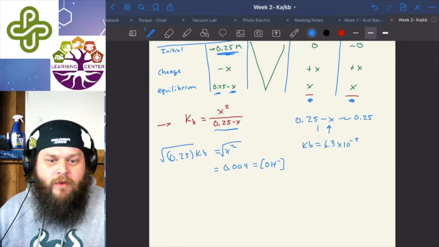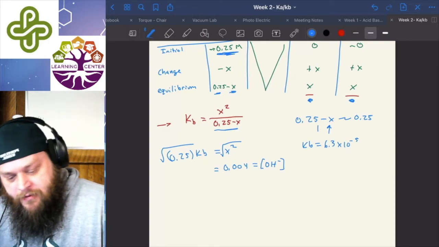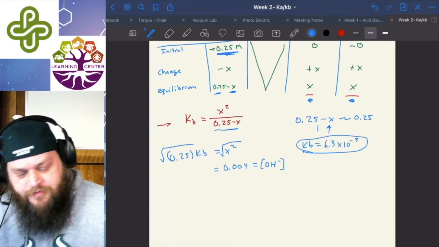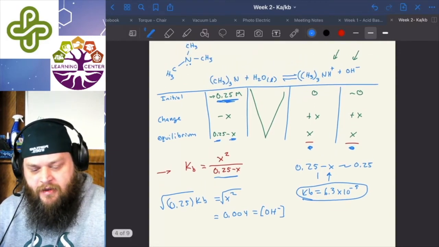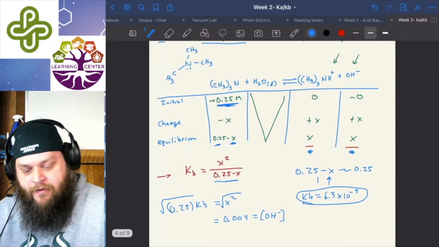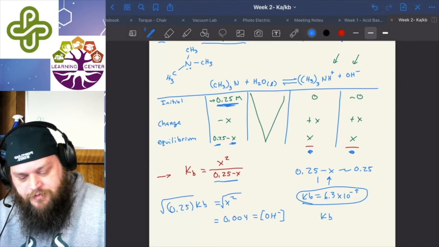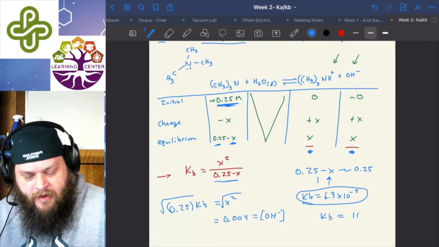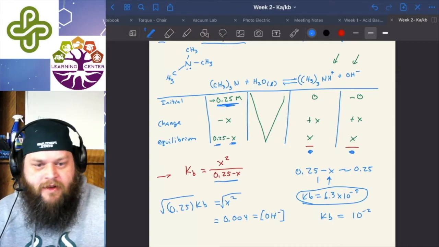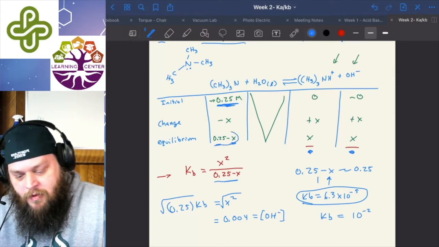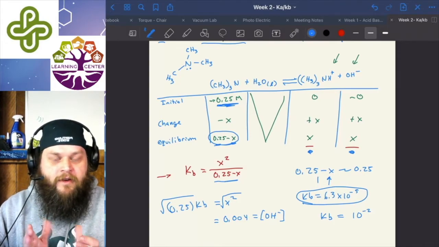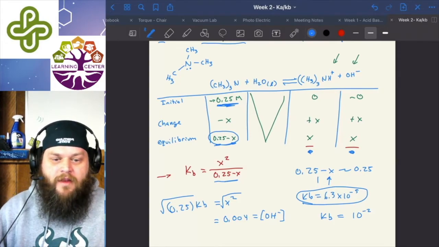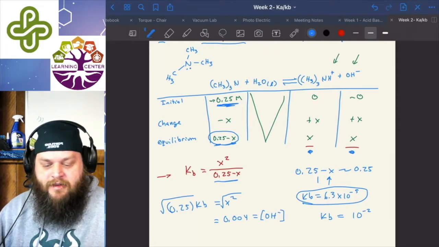Oh, so you don't always want to ignore the x, only if your Kb value is really small. If you have a really weak base, essentially, you could ignore that x. If your Kb value is like 10 to the -2 or something to that effect, anything where when you plug in this equation, you calculate the significant figures and your value changes, then you don't want to ignore that x.